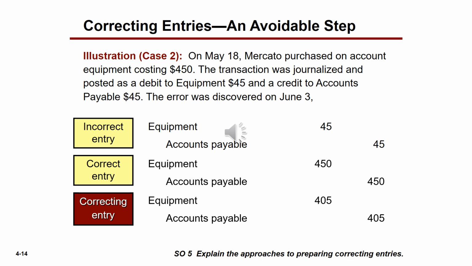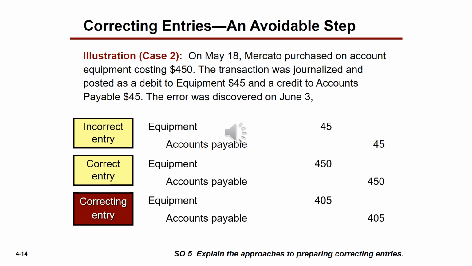So the amount was recorded as 45 instead of 450. The incorrect entry was a debit to the equipment account of 45 and a credit to accounts payable of 45, whereas the correct entry was a debit to equipment of $450 and a credit to accounts payable of $450.